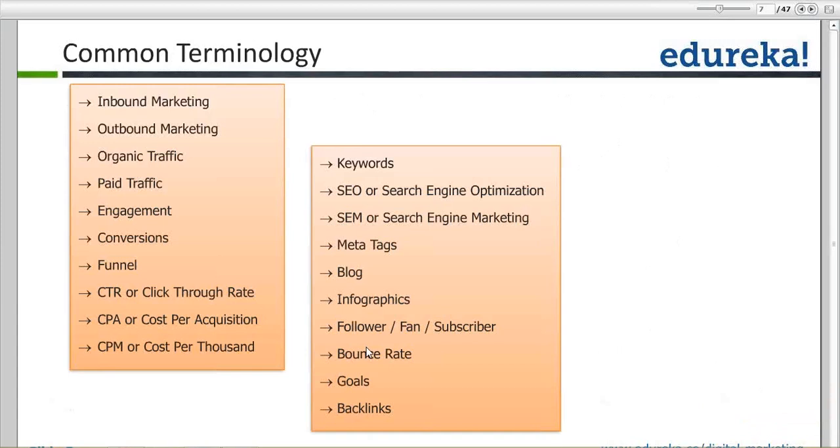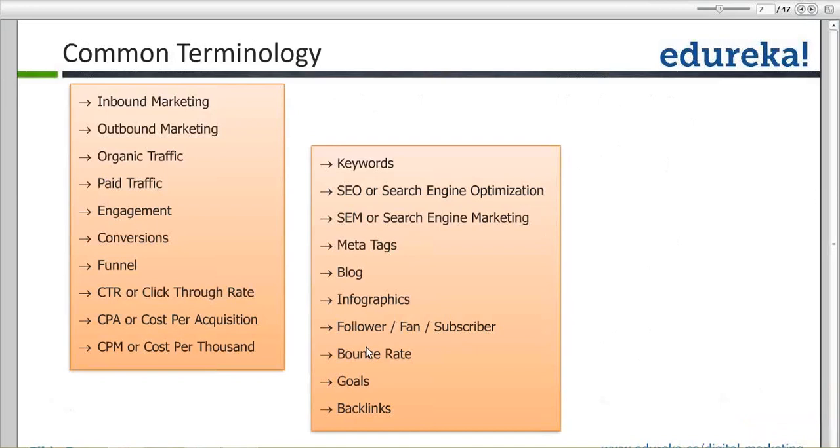So maybe they can convert tomorrow. So it's an ongoing thing. You keep revising your cost per acquisition. The big companies who run massive campaigns, something like a Pepsi or a Coke, or even current e-commerce giants in India like Flipkart and Snapdeal, don't calculate their CTRs and cost per acquisitions on a per day basis. It's a long period of time that they keep assessing and maintaining those levels.